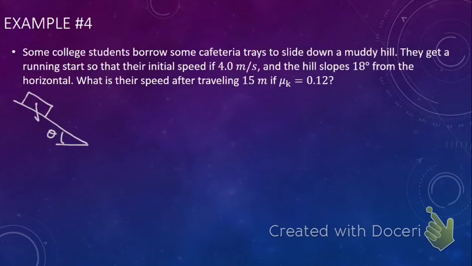We have our weight, which is straight down. We have our normal force, which is perpendicular to the surface. We know that we are moving down the hill, so our friction is going to be opposing that motion.